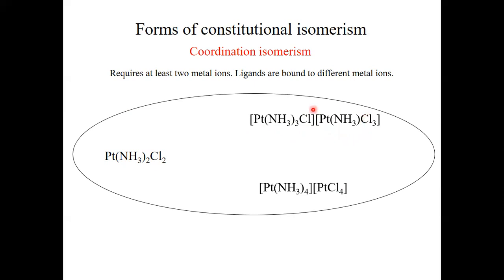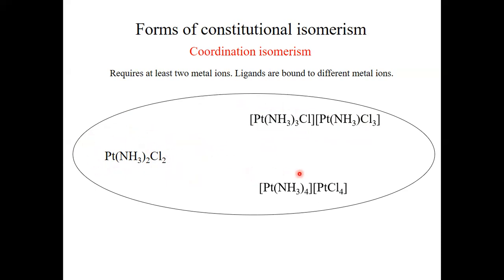So we have twice as many platinums, twice as many amine ligands, and twice as many chloro ligands in comparison to here. Therefore, if we divide the number of platinums, amines, and chloro ligands by 2, we get exactly the same empirical formula as for this one.